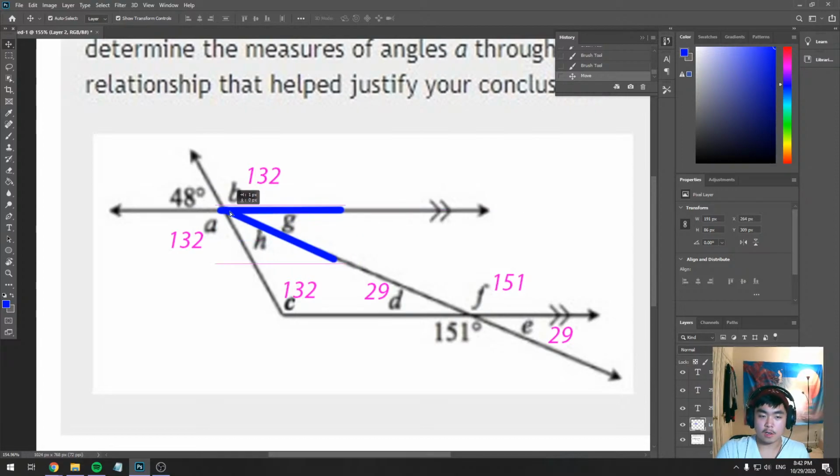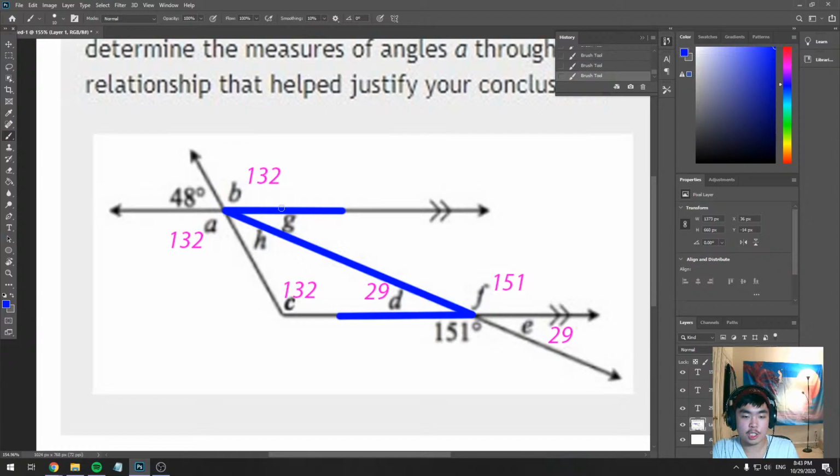Alright, so like I was saying, E is going to be the corresponding angle to G, right? Same line on different parallel lines. So G is corresponding to E. Another thing you could look at is G forms a Z shape right here on these parallel lines.